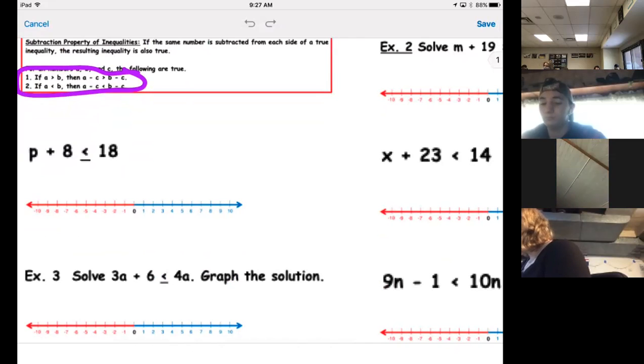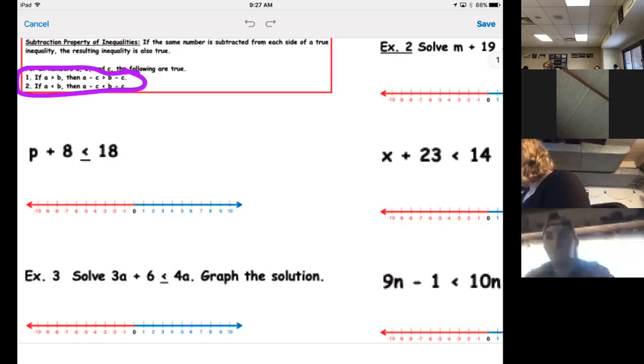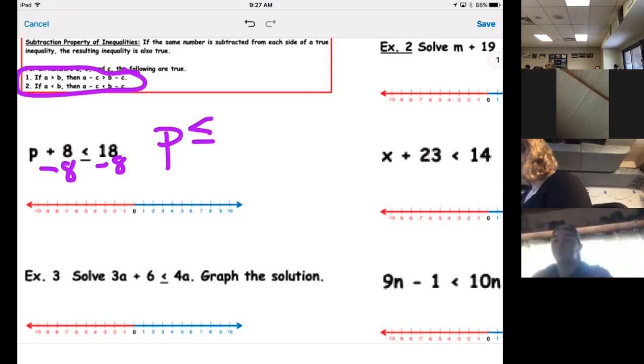Should take away 8? Yeah. Absolutely. So we're going to subtract 8 from both sides. And when we do that, we get P is less than or equal to 10.